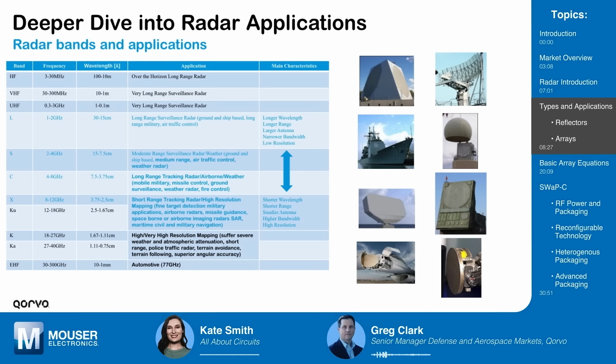But police traffic radar is a good example of a commercial or semi-commercial use of Ka band. What you do see Ka band being used for a lot is missile systems. Because if you think about it, they're short life, and really what they're trying to do is maintain their position relative to the terrain that they're flying over before they get to their target.